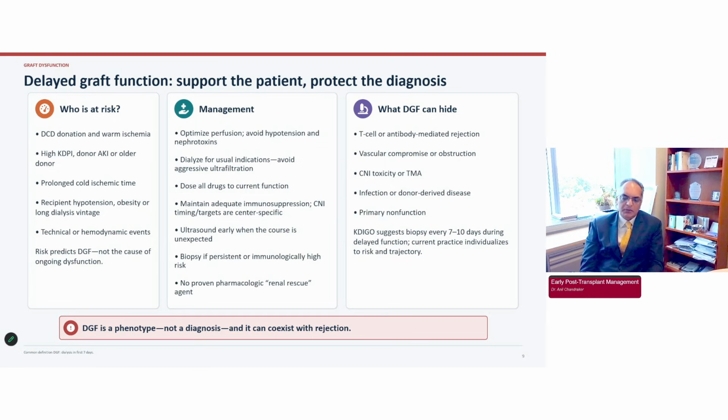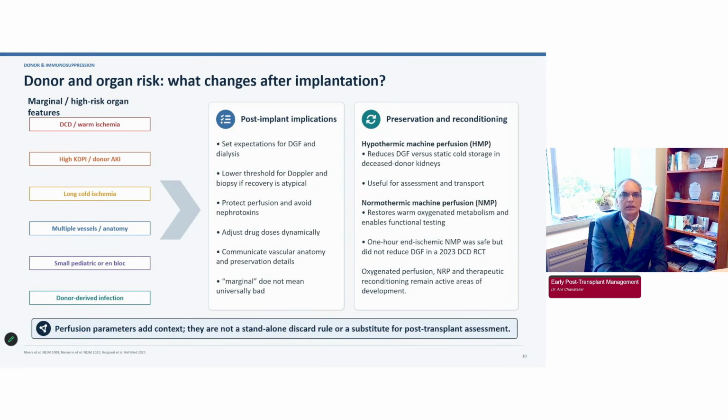It can be that you have a marginal kidney with a prolonged ischemic time that leads to delayed graft function, but that doesn't necessarily preclude that other things are going on. So if you see prolonged delayed graft function, you should really think about biopsying the kidney around day 7 to just make sure that there isn't a concurrent diagnosis that is also ongoing.